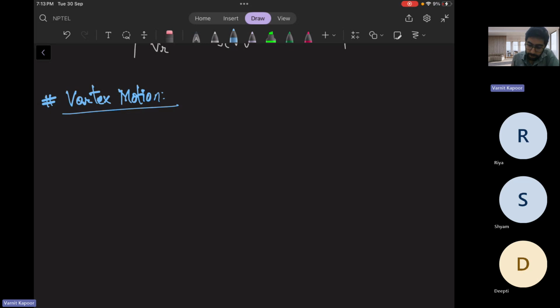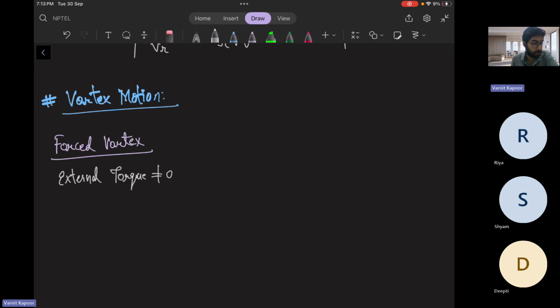Okay, so let's start with the forced vortex. In a forced vortex, external torque is non-zero.